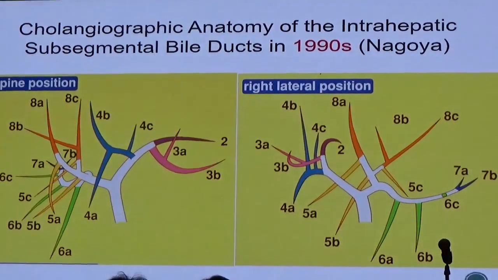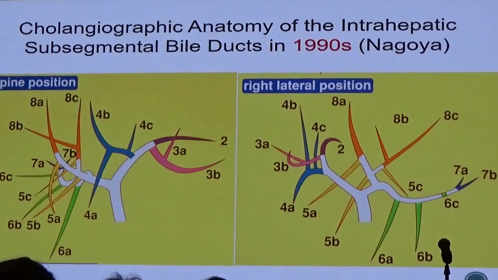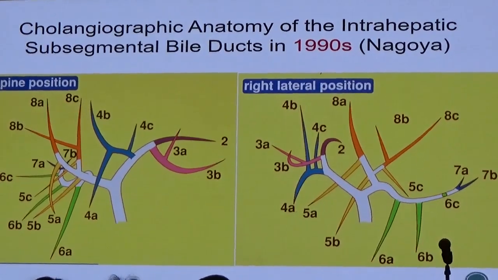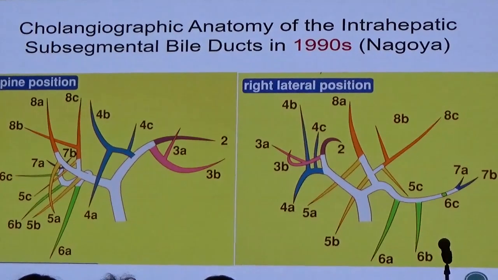In the 1990s, we developed further anatomical studies of the intrahepatic subsegmental anatomy. This is a typical finding of a standard drawing of the intrahepatic subsegmental bile duct anatomy. For example, in the segment 8 duct, 8A, 8B, and 8C, you see that 8A is a ventral branch, 8B is the lateral branch, and 8C is the dorsal branch.